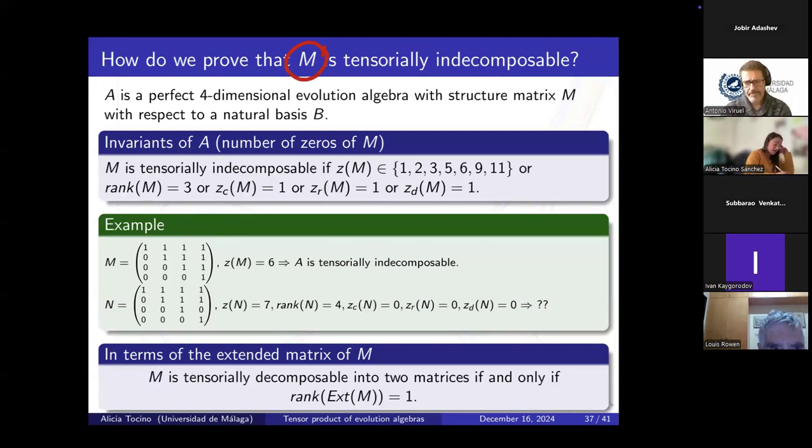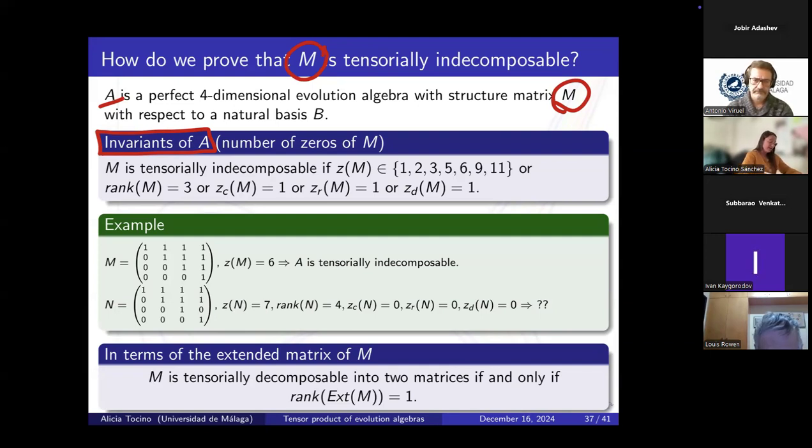Okay, so we have a perfect four-dimensional evolution algebra with structure matrix M, and we prove that there are several invariants of the evolution algebra that give us the information to decide if M is tensorially decomposable or not.